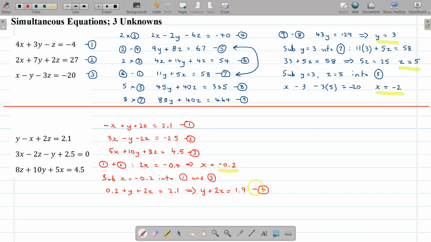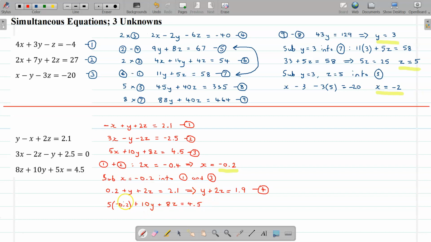Now I'm going to take the other equation, which is equation 3, and substitute negative 0.2 into that. So I'm going to have 5x, so 5 times negative 0.2, plus 10 lots of y plus 8 lots of z equals 4.5.